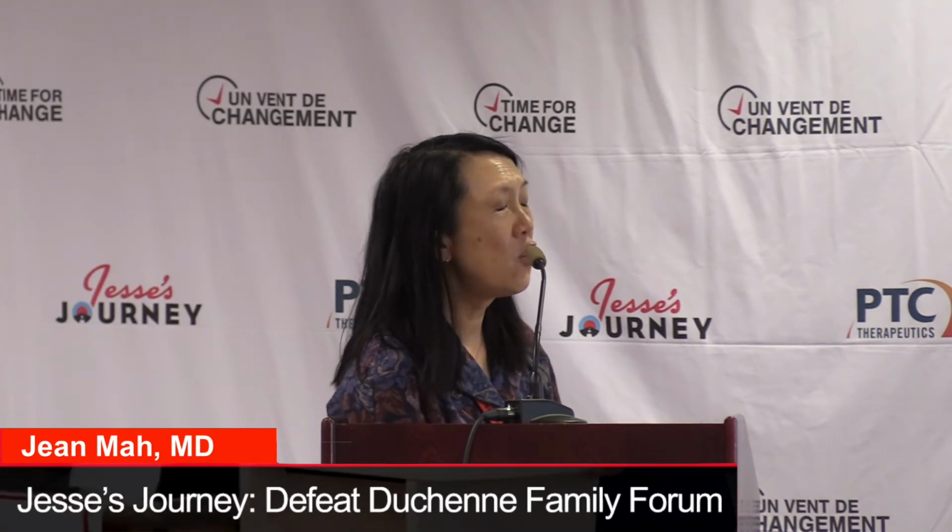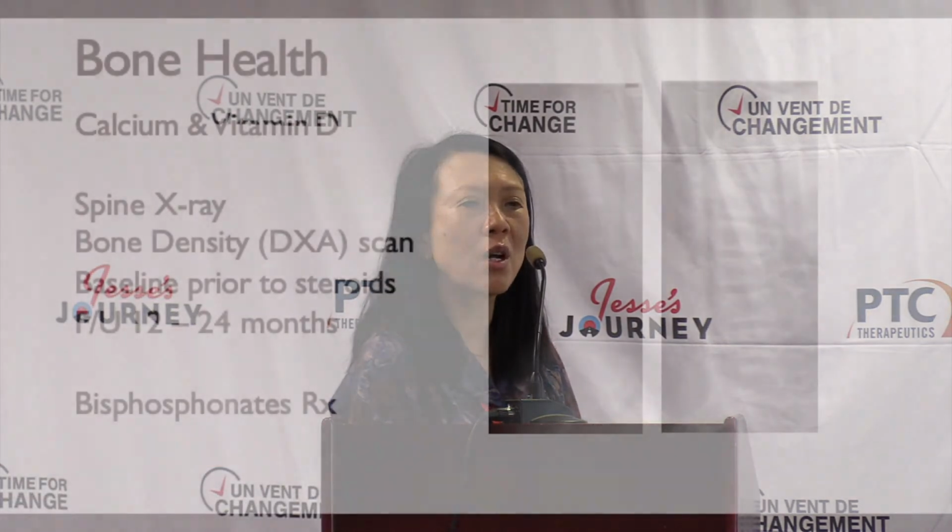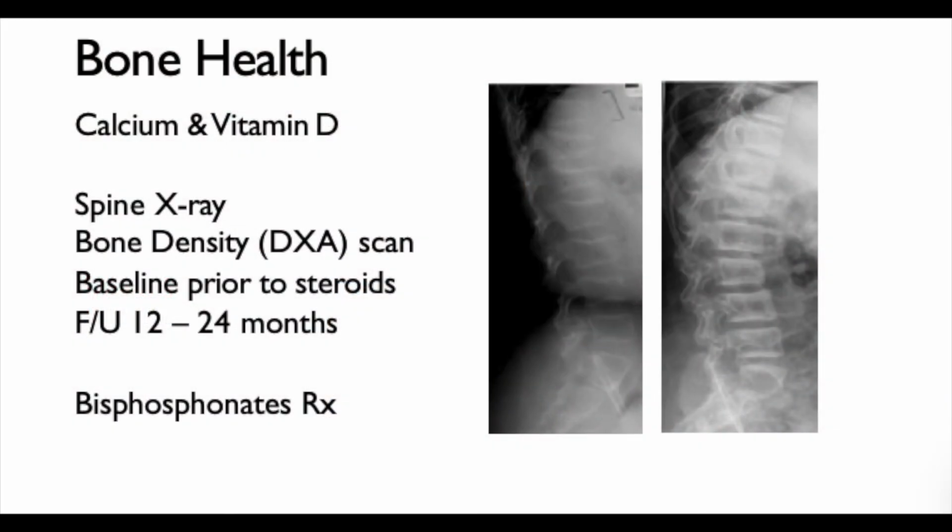Increasingly, bone health has been a focus, and you all know the importance of a calcium-rich diet, as well as supplement with vitamin D, because we live in Canada where we don't get enough natural sunlight. And you will see that your child will have spine x-ray as well as bone density x-ray on average every 2 to 3 years.